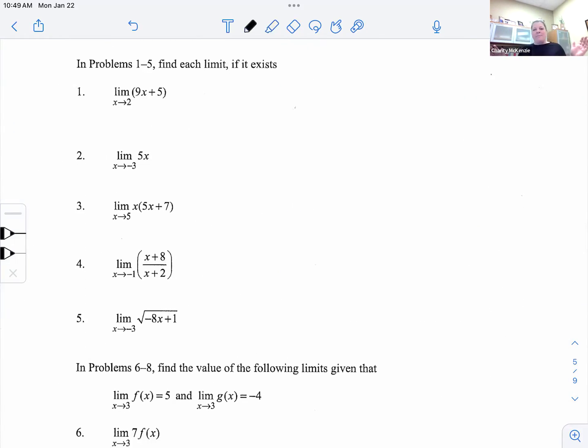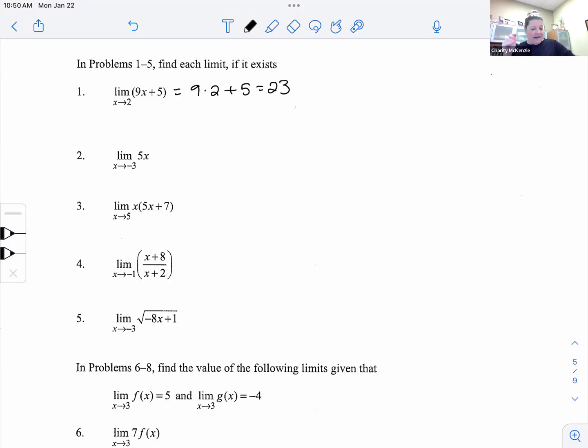So here's our problem. We don't have the graph. We're just like, okay, x is going to 2 at the function 9x plus 5. So what you just start with is you just put that value in. So I would go 9 times 2 plus 5. So 9 times 2 is 18. And so what is that, 23?